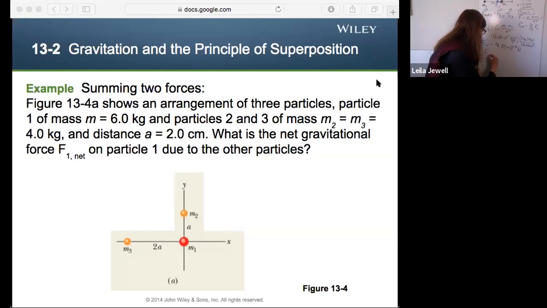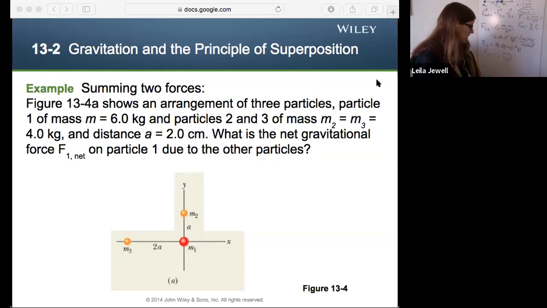So force of 1 from 3 is much the same as this. I'll write it out even. So G M1 M3 divided by 2A, and be careful, the 2 and the A are both squared. So that's something worth noting.